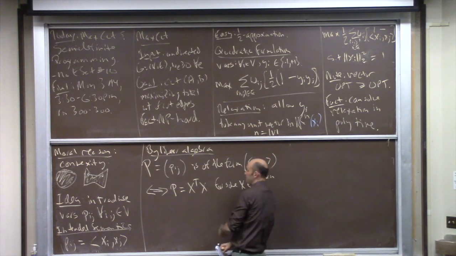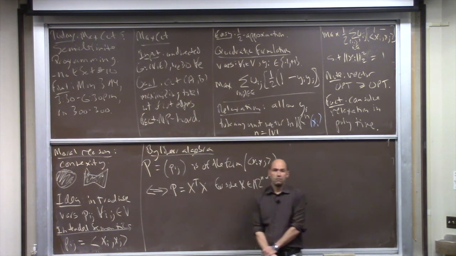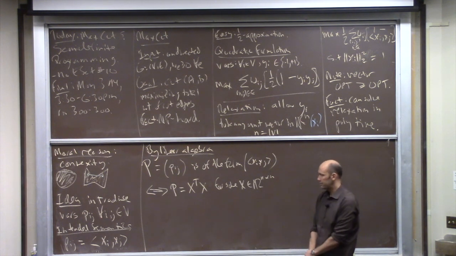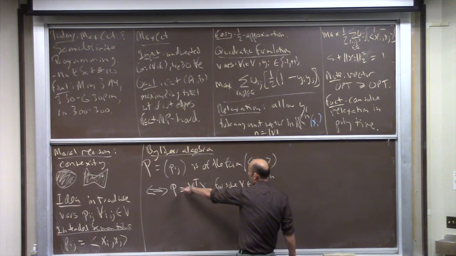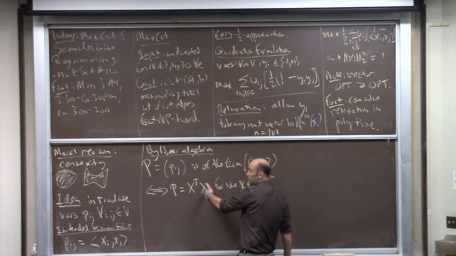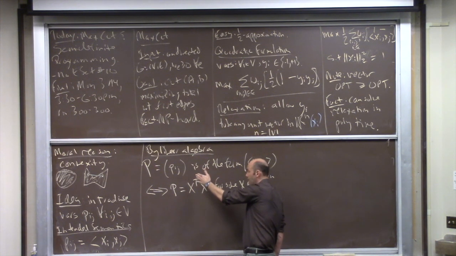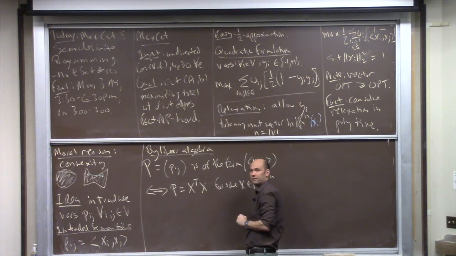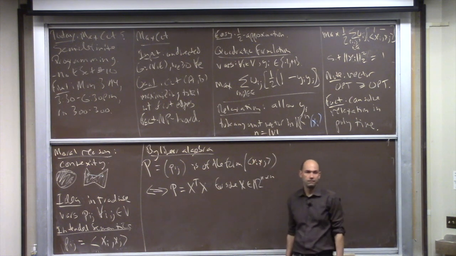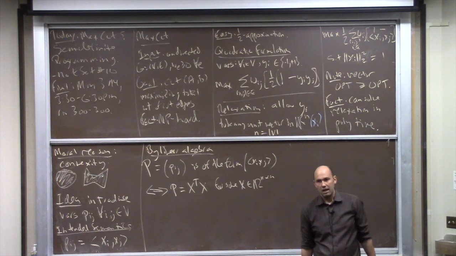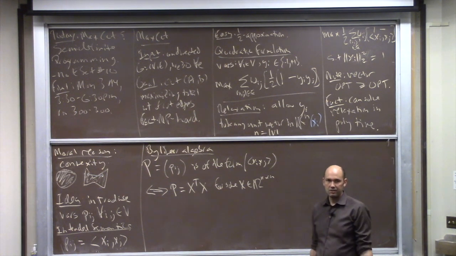So think about x transpose x. What's the ijth entry of x transpose x? It's the dot product of the ith row of x transpose with the jth column of x. That's the same as the dot product of the ith column of x with the jth column of x. So indeed, the entries of x transpose x are exactly the dot products between xi and xj.